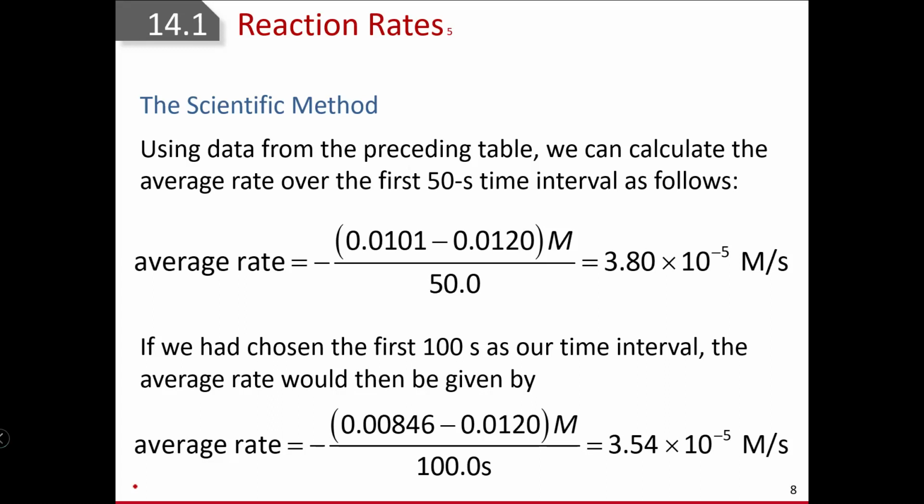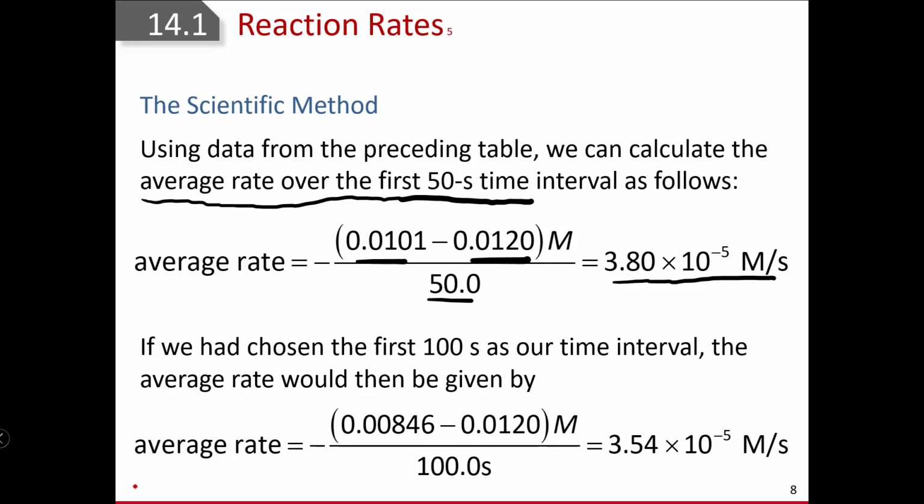So read the question carefully. This is the average rate over the first 50-second time interval. You took the final concentration minus the initial, final time, which is 50, minus the initial, which is 0, and that's how we get the average rate of the reaction.